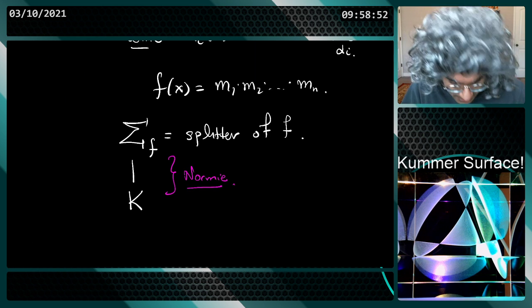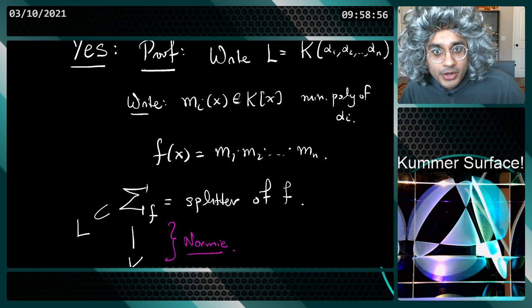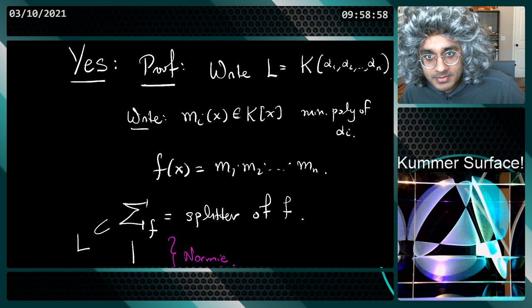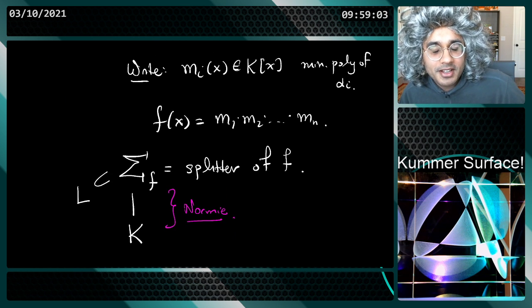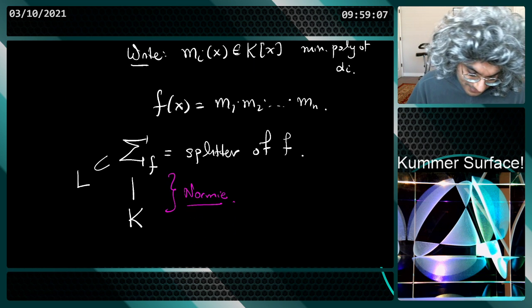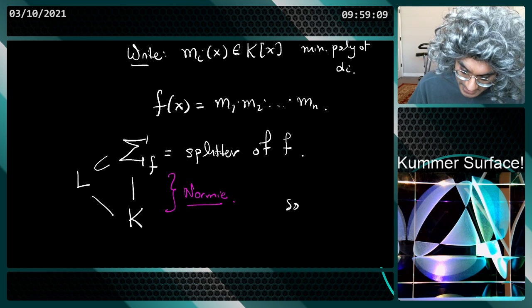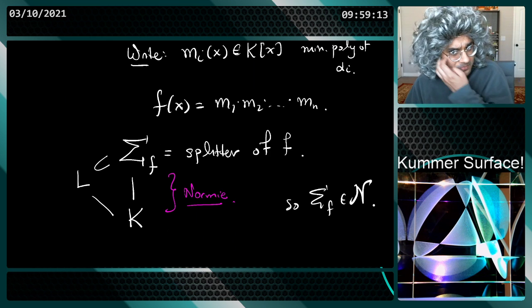It contains L. Because L was adjoining some of the roots, namely alpha 1 up to alpha n. And sigma is adjoining all the roots of this polynomial.